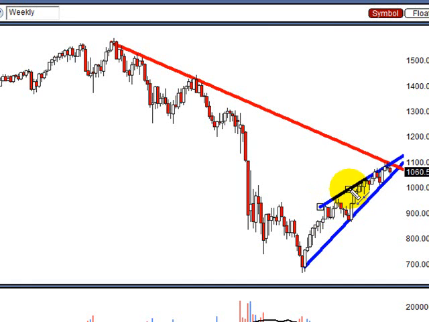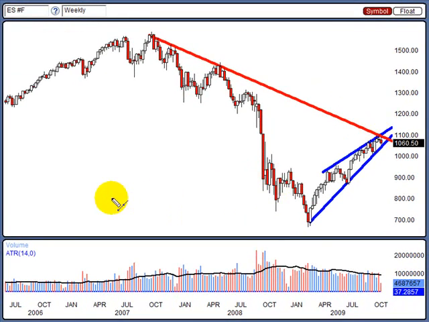A rising wedge is an indication of slowing momentum. As the price is running out, it's starting to slow down, and the angle of the tops is decreasing, which is indicative of loss of momentum. So we're seeing the market slow down into overhead resistance and a big fat number for the market.